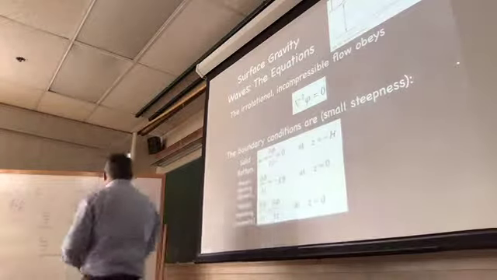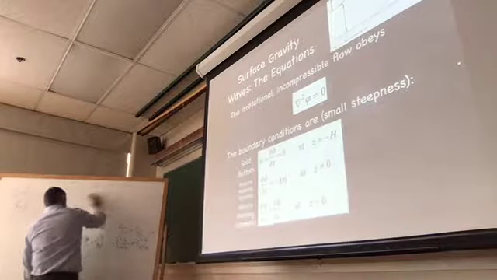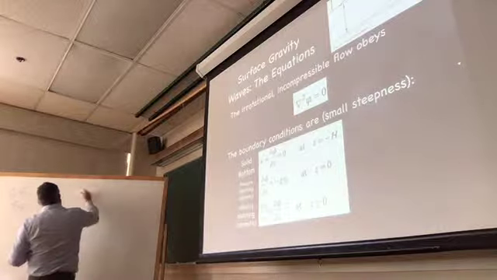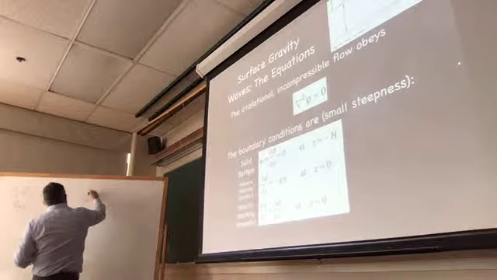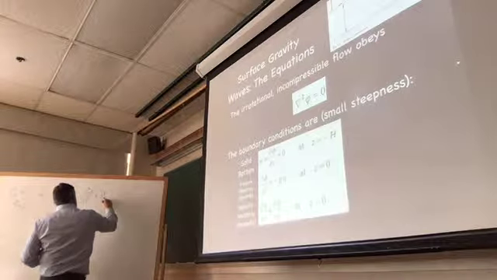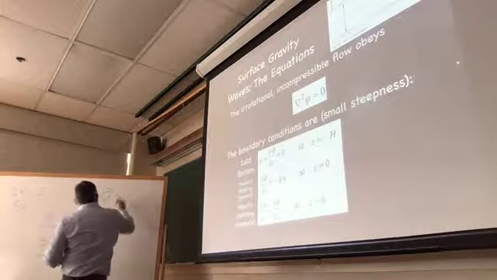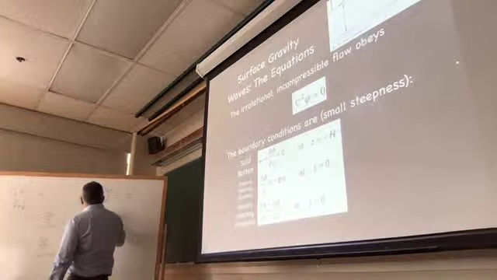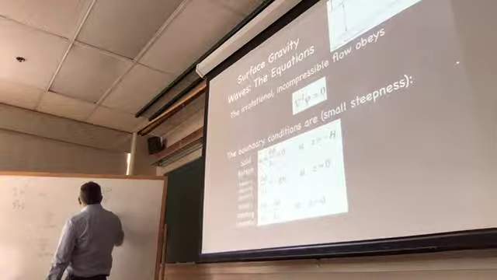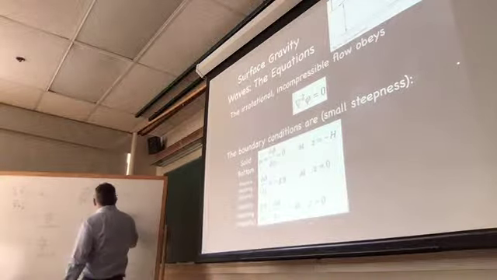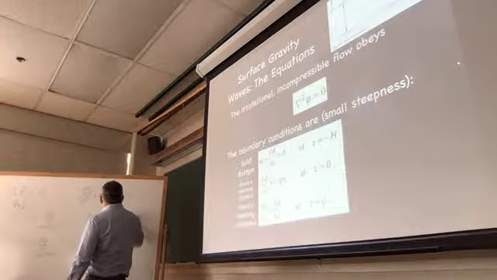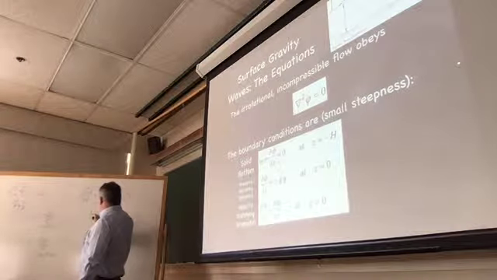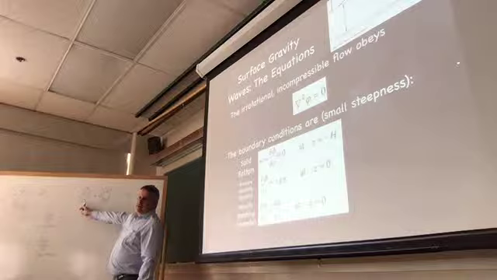Let me write it down. What if I guess that phi equals e to the i(kx plus mz)? If I just assume that there's an exponential form. What do I get if I plug that into this one?